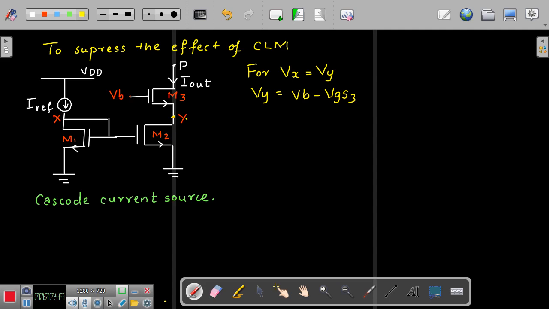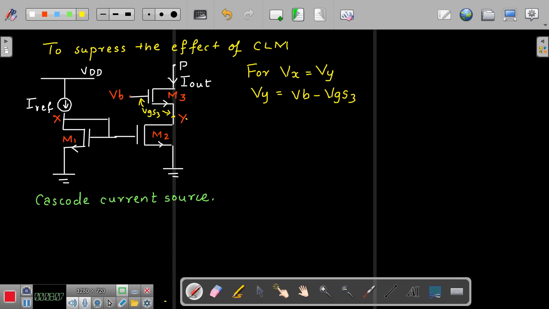You know what VGS3 is. So for Vx equal to Vy, you need the value of Vy to be equal to Vb minus VGS3, right?